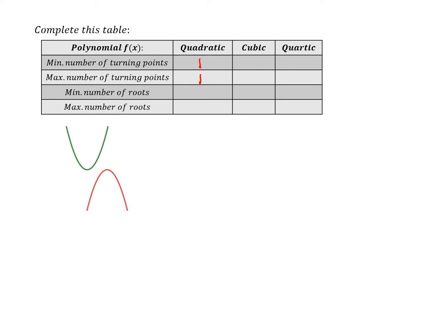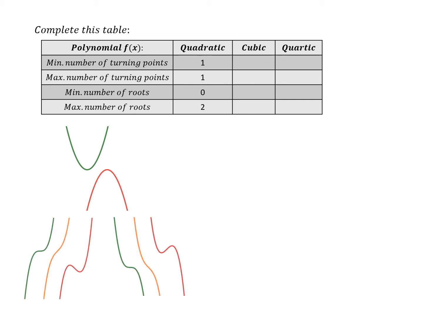And the minimum number of roots, well, if we take the green line, if the x-axis is below the green line, then there are no roots. You can get one single root, or we call it repeated roots, but the maximum number of roots is 2.